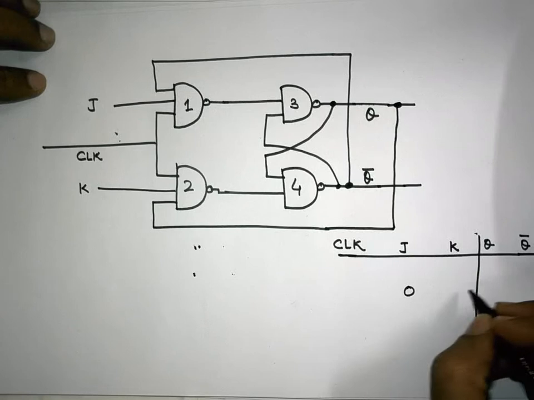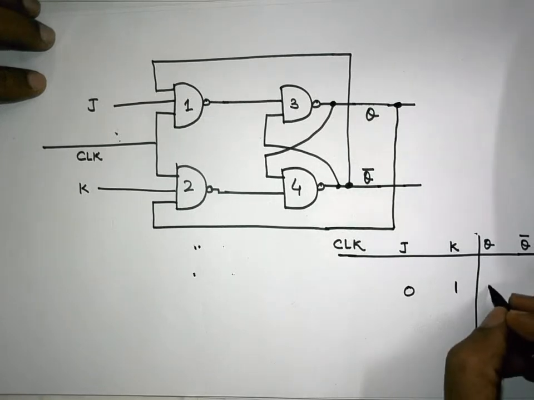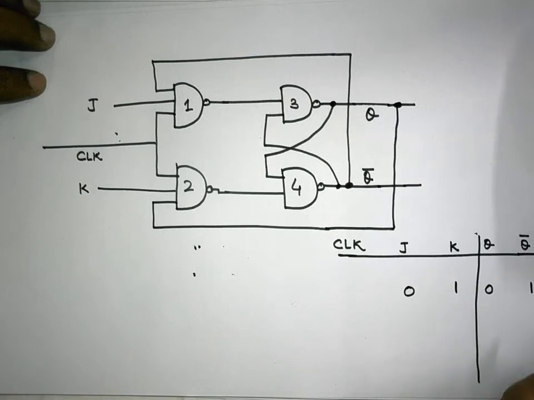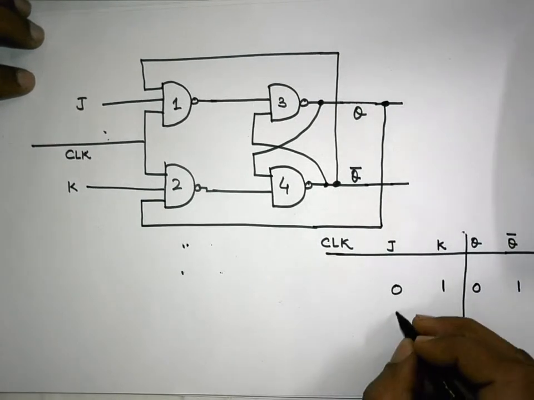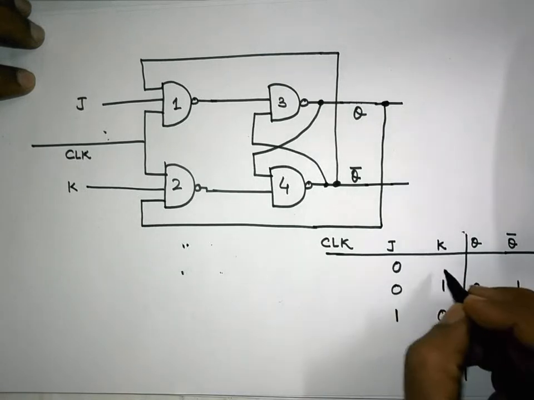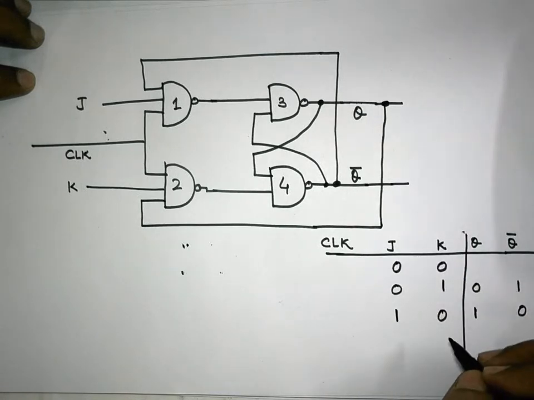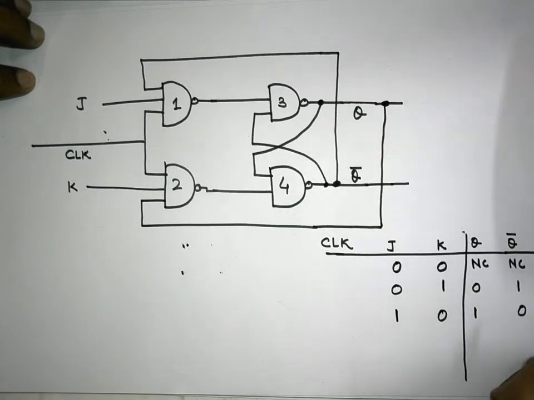If J was 0 and K was 1, Q was 0 and Q bar was 1. If J is 1 and K is 0, Q is 1 and Q bar becomes 0. And if J is 0 and K is 0, we do not get any change in the output states.